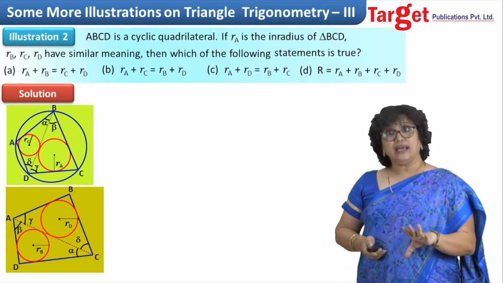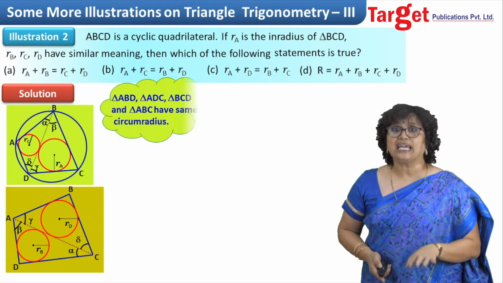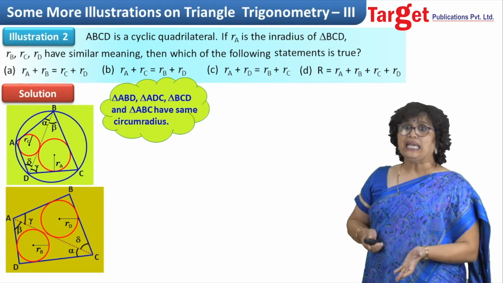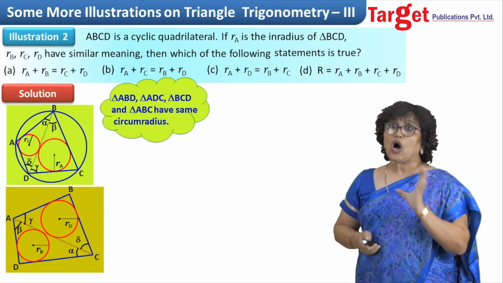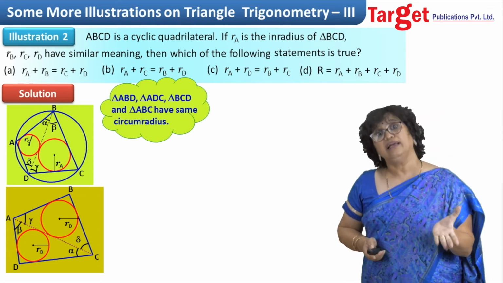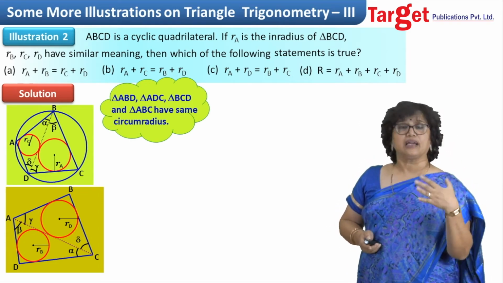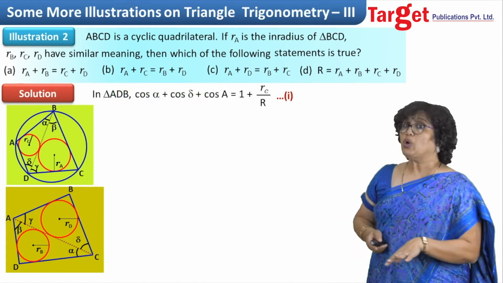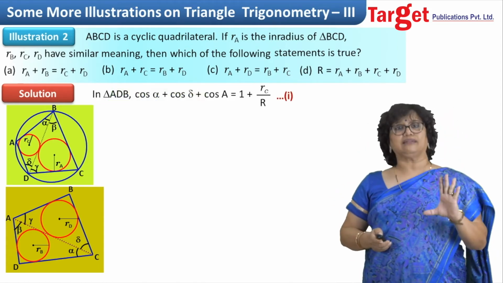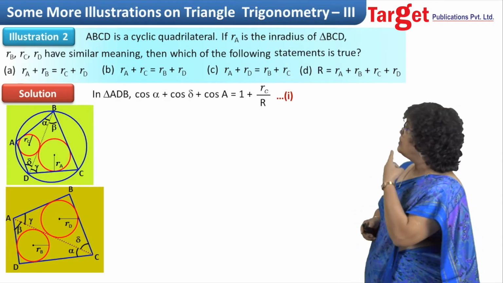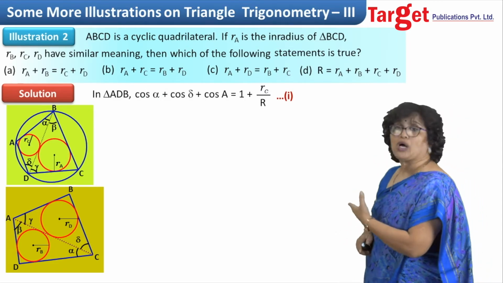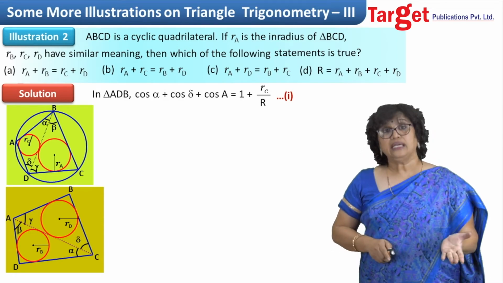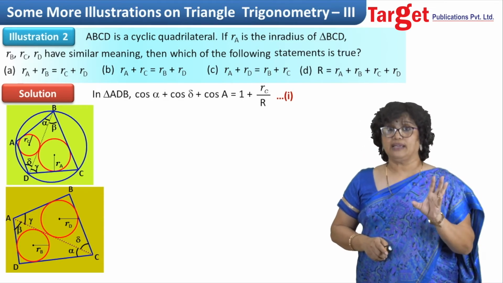Now from here, I have triangles like ABD, ACD, ABC and also BCD. Now they all have same circumcircle and hence they have same circumradius also. Also, I pick up one by one all the triangles and from triangle ABD, I write cos alpha plus cos delta plus cos A. That is sigma cos A kind of thing.